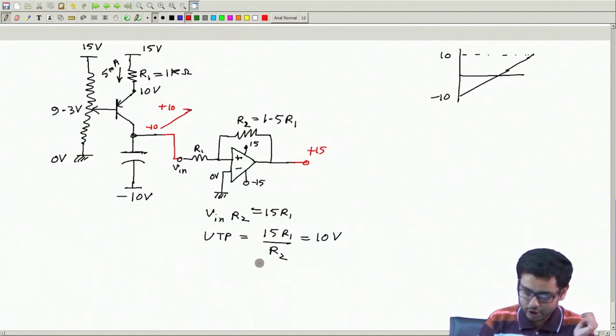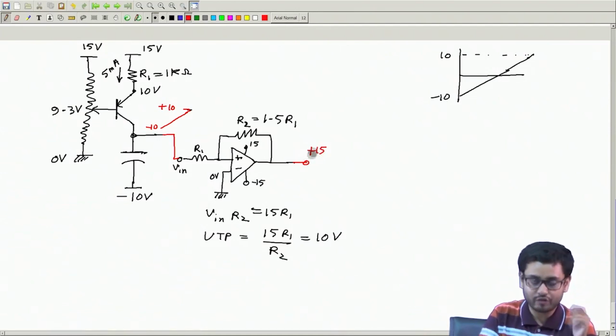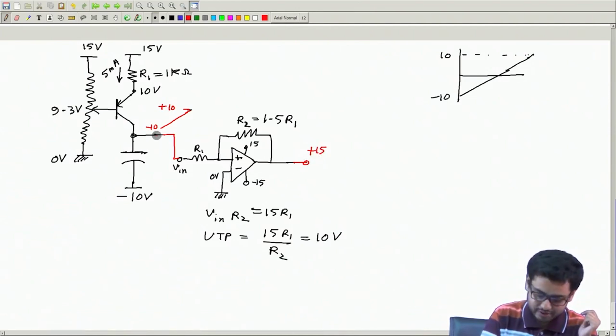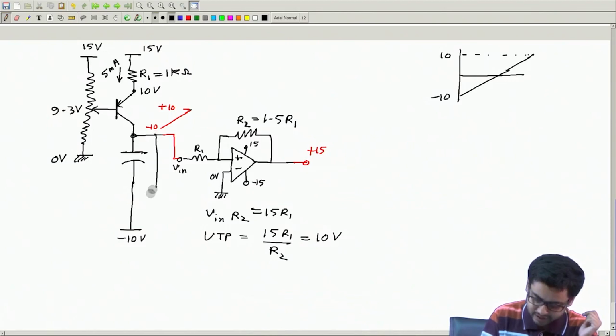Now what we will do, we will use this to drive the base of a transistor base switch. Let me elongate it, minus 10 volt. Here I will take a transistor based switch.